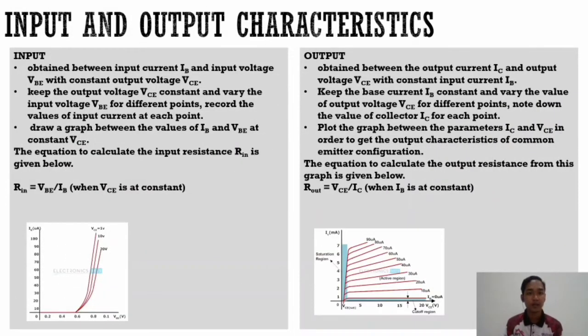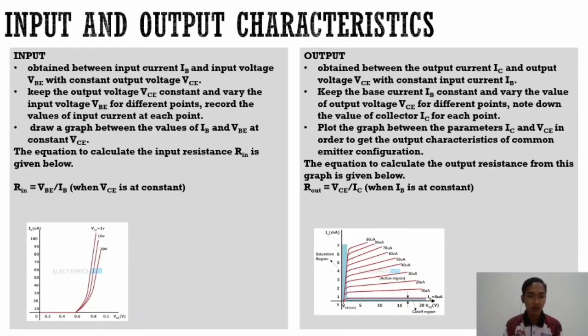Okay, for the input and output characteristics, the input characteristic is obtained between the input current and input voltage with constant output voltage. Next you need to keep the output voltage constant, vary the input voltage for different points, record the value of input current at each point, and draw the graph between the values.